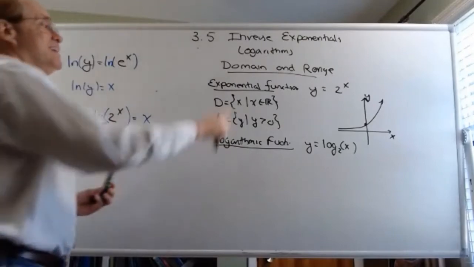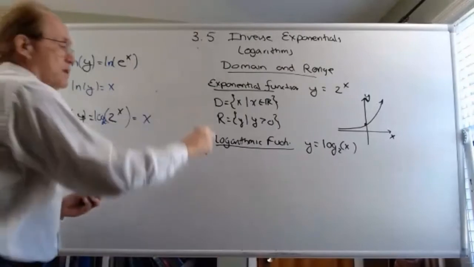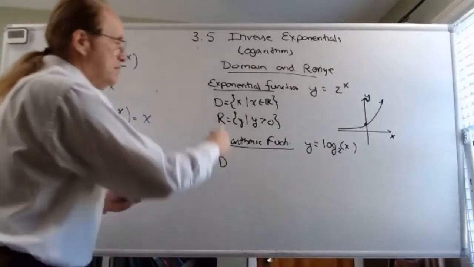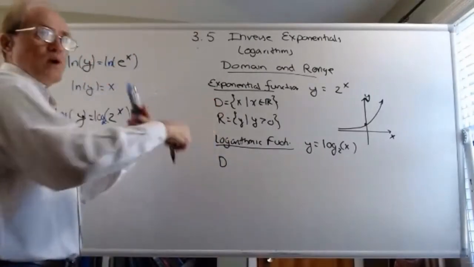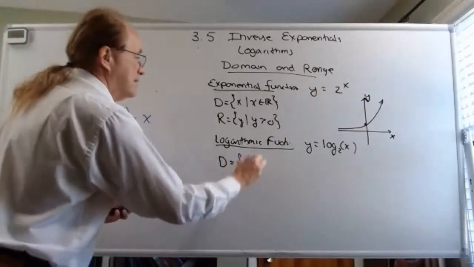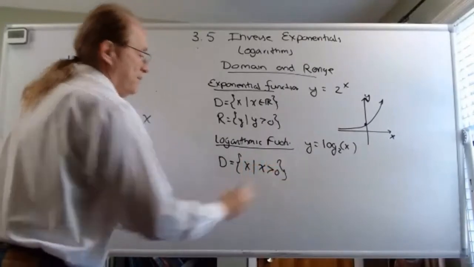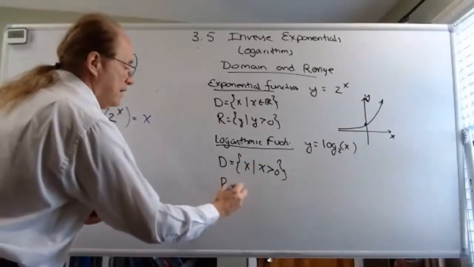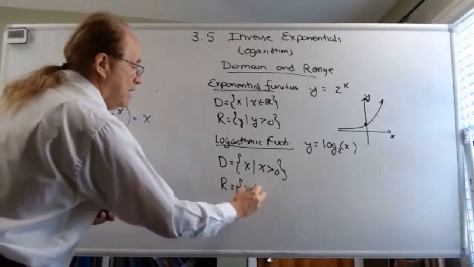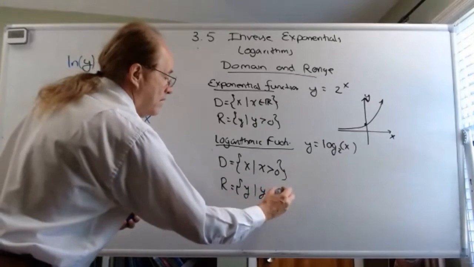So what happens here? The domain and the ranges also swap. So for here, the domain for the logarithm, I'll just swap them. The x and y change their roles. The domain is now the set of all elements x such that x is a real number greater than 0. And the range is the set of all elements y such that y is any real number.